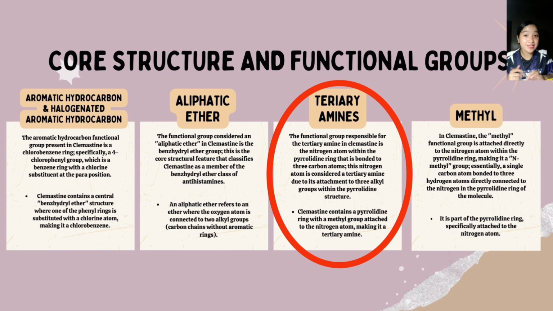Next functional group present in the clemastine drug is the tertiary amine. So the tertiary amine is basically that methyl functional group, which is attached to a nitrogen atom. So that's why it is called a tertiary amine. The amine or the HNCH3 attachment is the key bonding for the H1 receptor as it interacts with the receptor site via ionic hydrogen bonding. It can affect the CNS activity, contributing to clemastine's sedative effect.